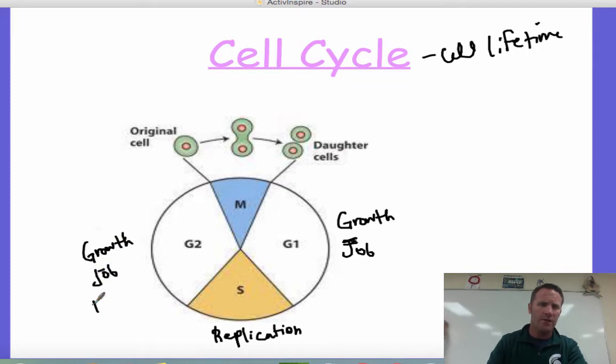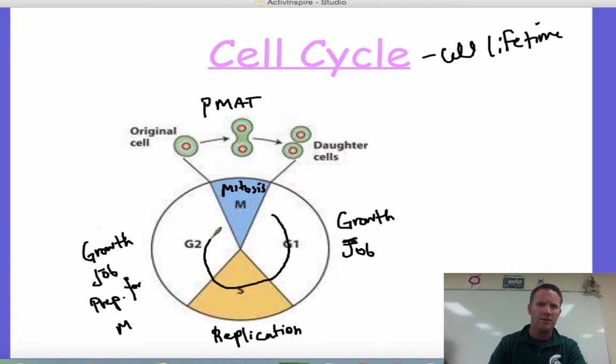And that's really getting ready, preparation for mitosis. Okay, and that's what the M stage is, that's mitosis. And so remember, that's where we're doing our stages of mitosis, which is really PMAT: prophase, metaphase, anaphase, telophase. Remember that all of this, G1, S, and G2, are all just interphase.